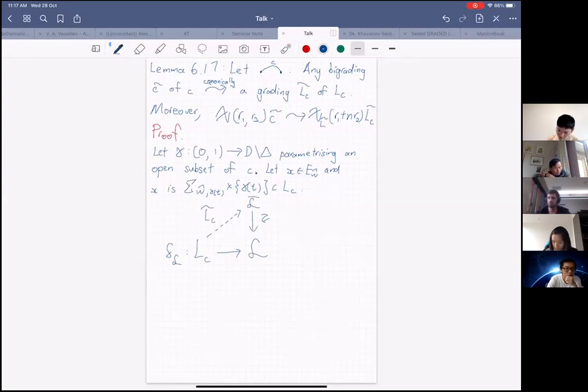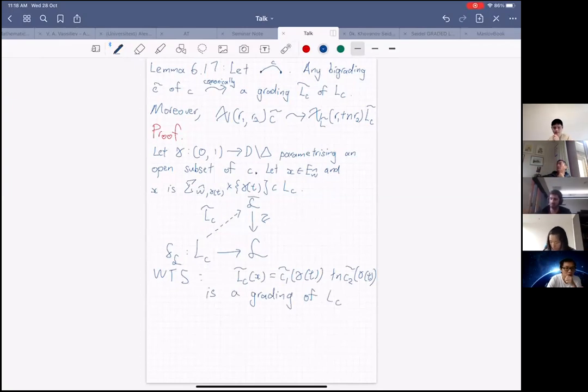So to show that I have this grading, this formula here, let me write down what I should show: LC x equals C1. I want to show this is actually a grading of LC.